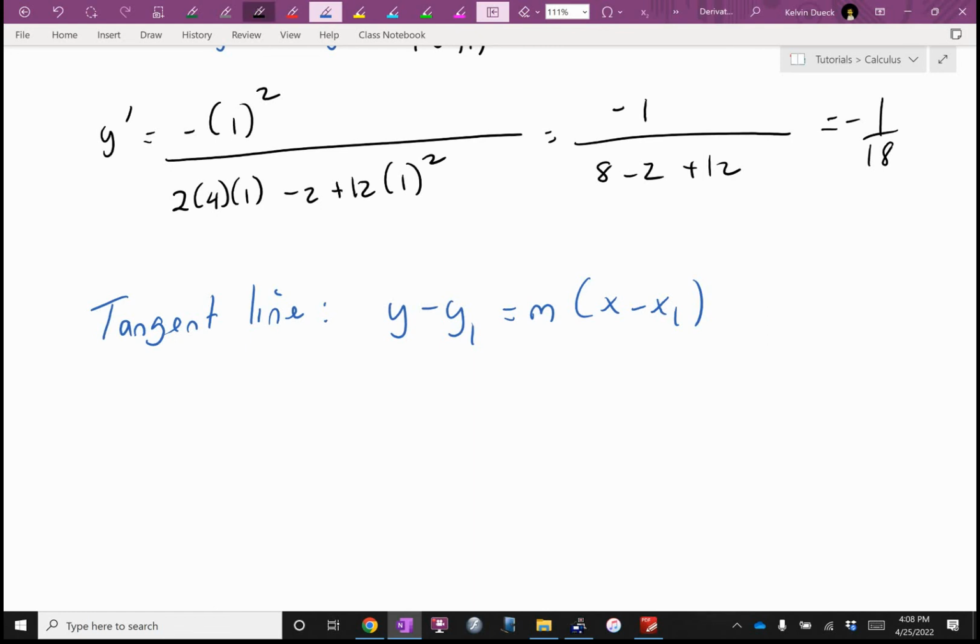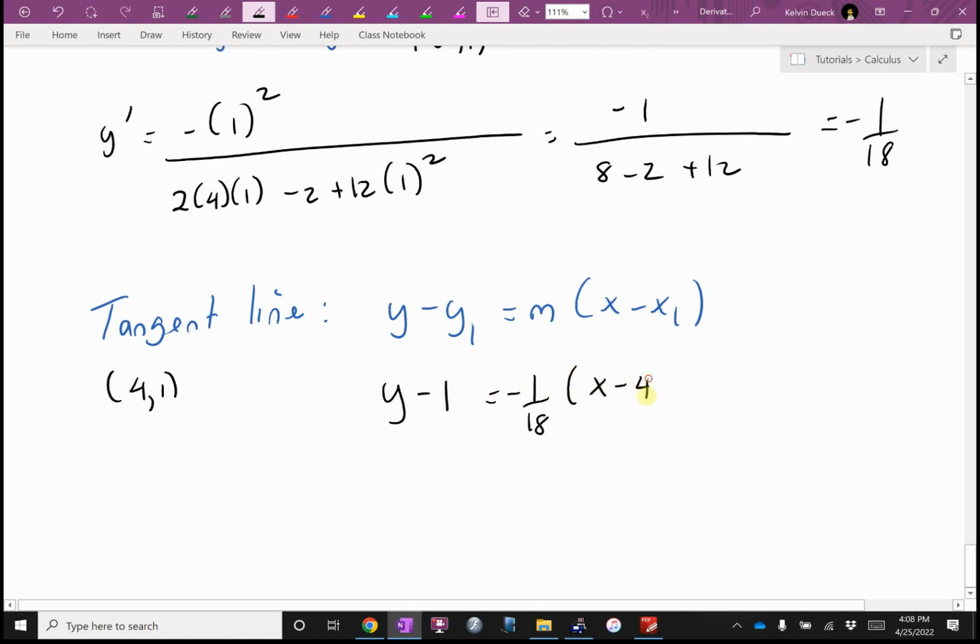Because now I can say y minus, what was the y coordinate? 1, because it was 4, 1, equals negative 1 over 18 bracket x minus 4. And then I would get the y by itself if I needed to. How? That's the slope of the tangent line. So that's the equation of the tangent line.